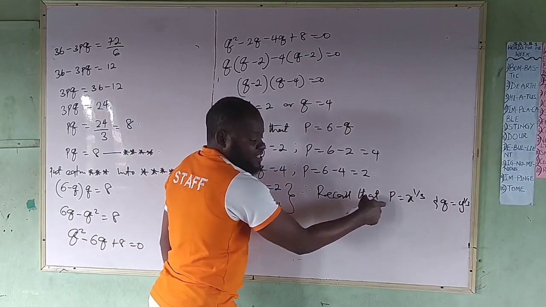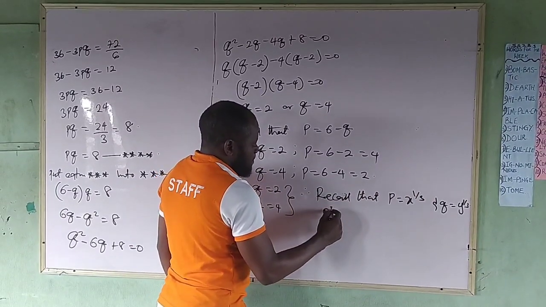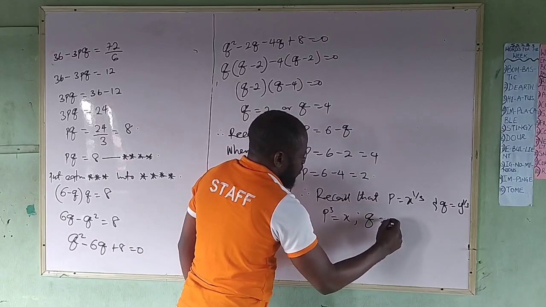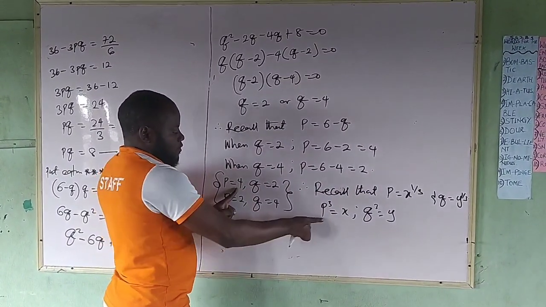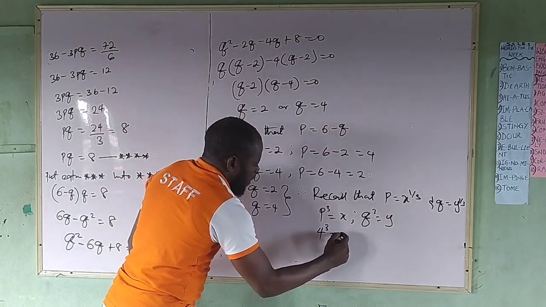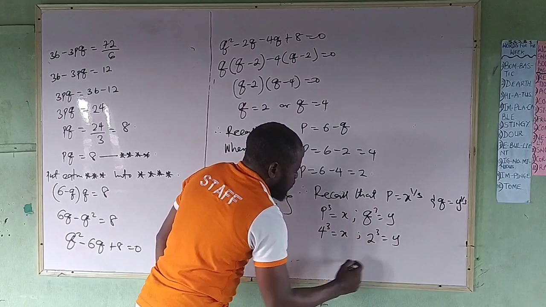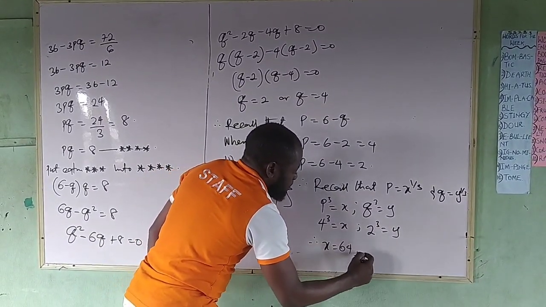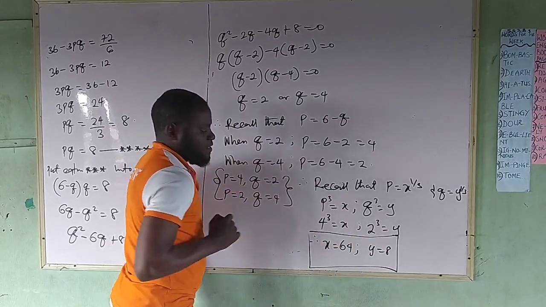If you cube both sides to cancel this fractional power, you are going to have p cubed equals x, and q cubed equals what? y. So our p is 4. We are going to have 4 to the power of 3 equals x, and 2 to the power of 3 equals y. Therefore, x equals 64 and y equals 8. So that is our answer.